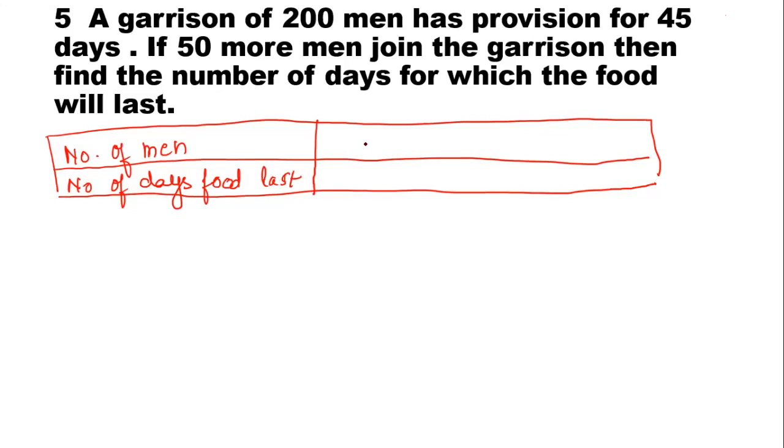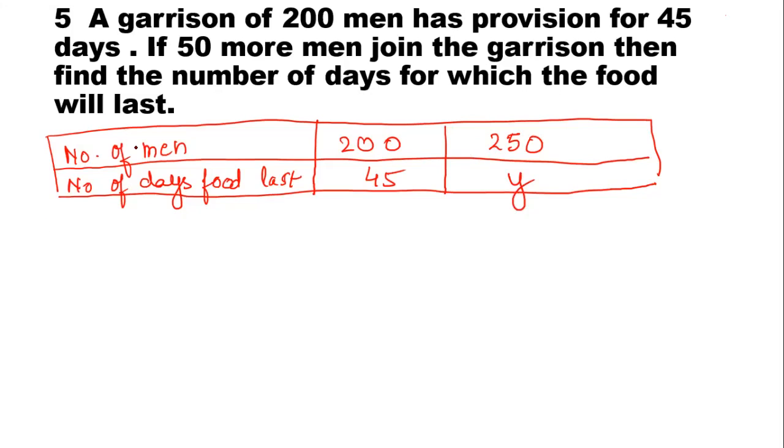Number of days अगर 200 है तो has provision for 45 days, but if 50 more men join तो 200 थे, 200 में 50 add हो गए तो 250 हो गए. Then the number of days which the food will last, let it be y. Number of days the food lasts be y when 250 men are there.